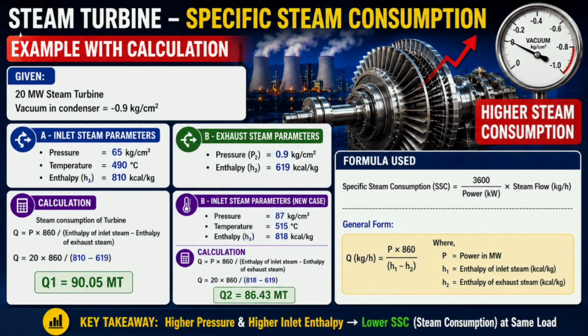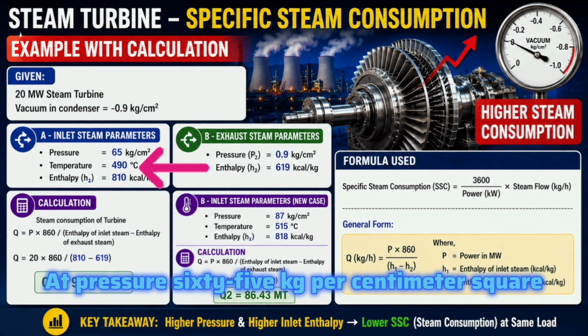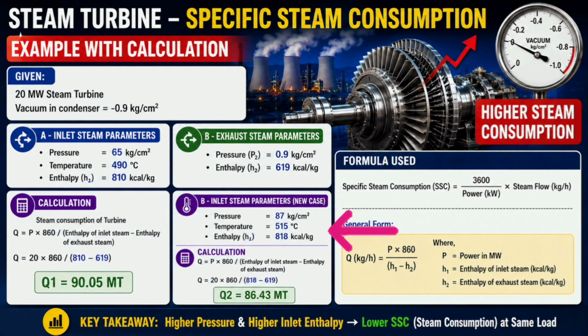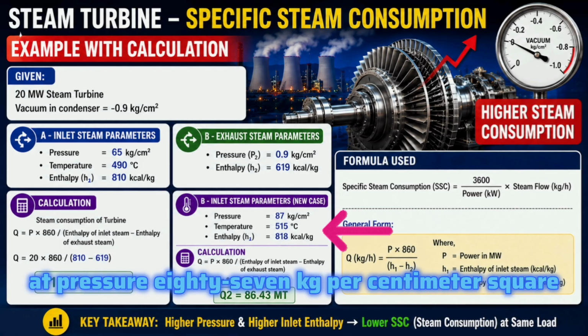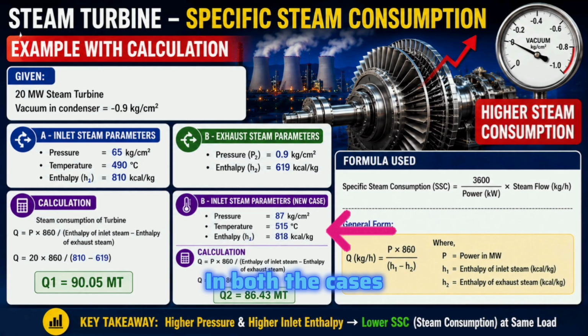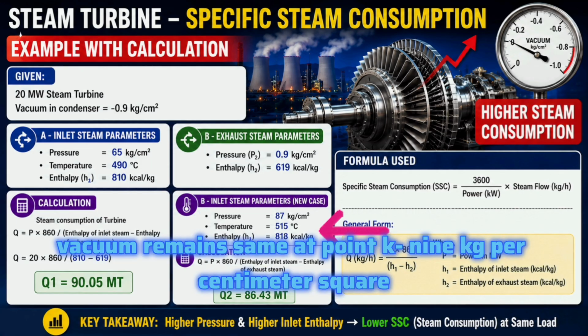Here we will take two different cases. One at low pressure, at pressure 65 kg per centimeter square and temperature 490 degrees centigrade, and next at pressure 87 kg per centimeter square and temperature 515 degrees centigrade. In both the cases, vacuum remains the same at 0.9 kg per centimeter square.